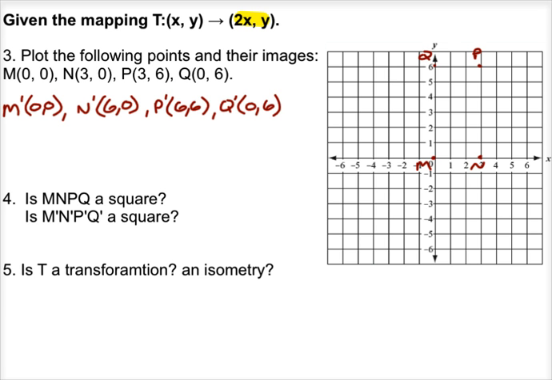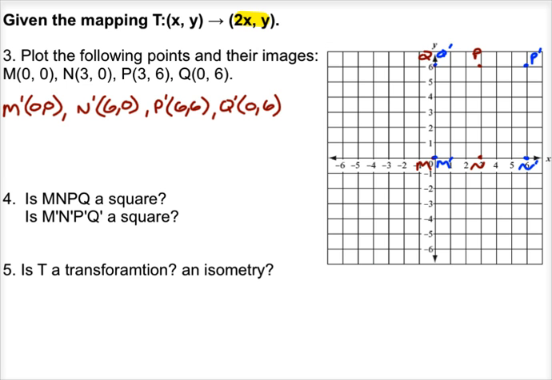M prime is 0, 0, so still the same location between M and M prime. N prime is 6, 0. P prime is 6, 6. And Q prime is 0, 6, which happens to be the same place as the Q.